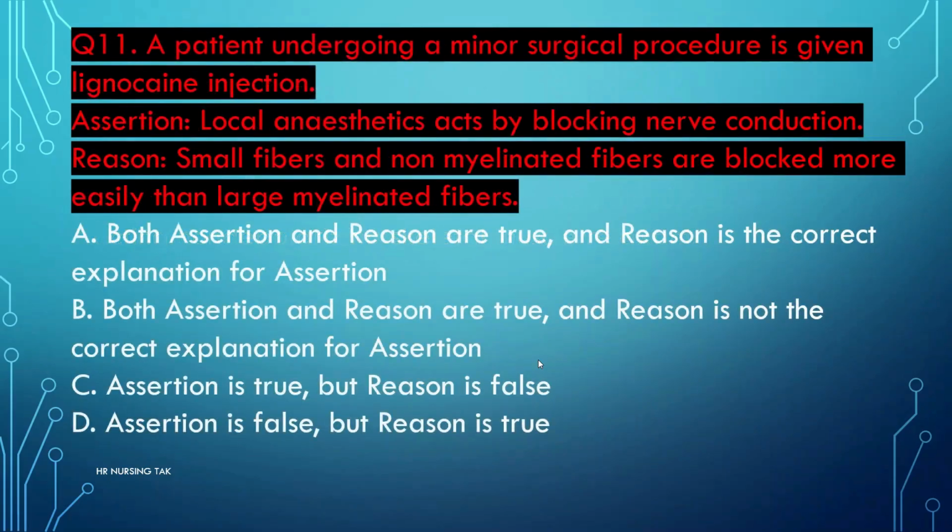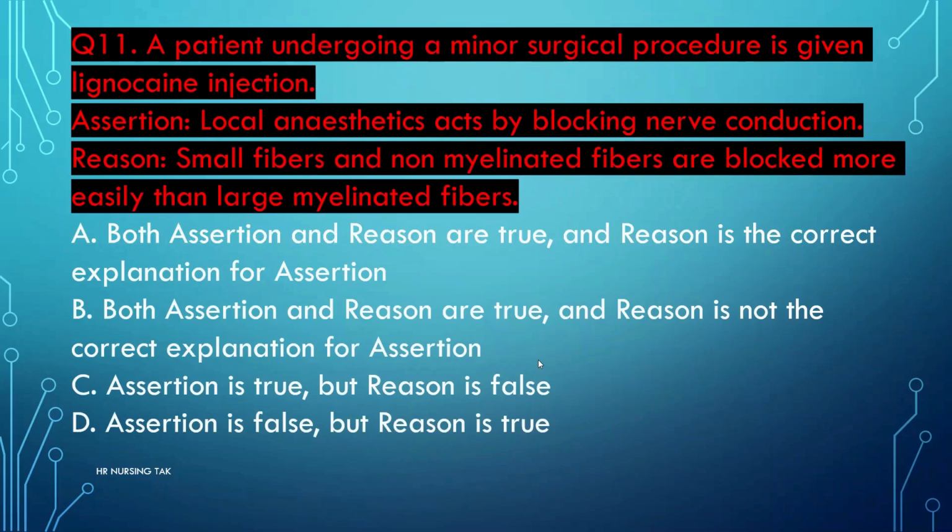Question 11. A patient undergoing a minor surgical procedure is given lignocaine injection. Assertion: local anesthetics act by blocking nerve conduction. Reason: small fibers and non-myelinated fibers are blocked more easily than large myelinated fibers. A. Both assertion and reason are true, and reason is the correct explanation for assertion.